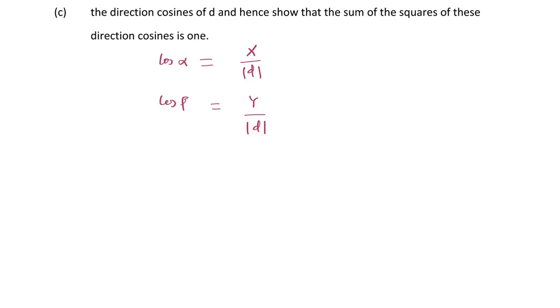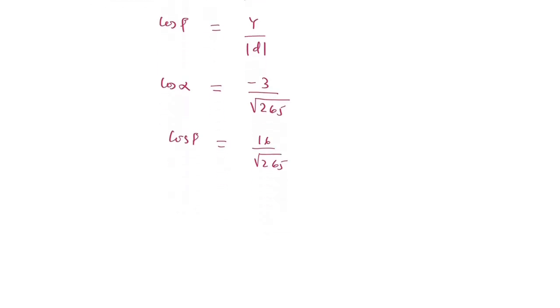Let us now substitute the values for x and y. We have cos alpha equals negative 3 over under root 265, and cos beta equals 16 over under root 265. And these are the direction cosines.